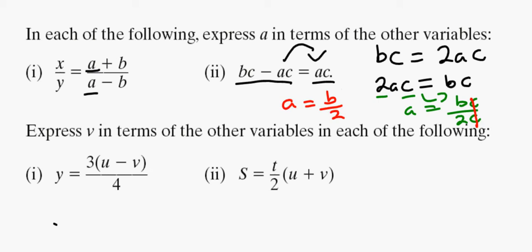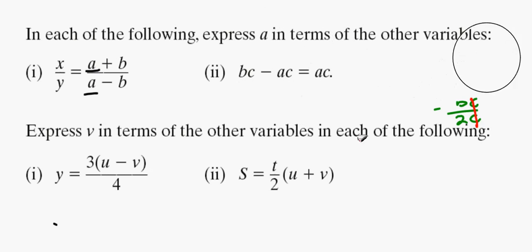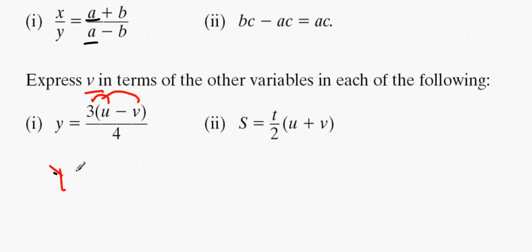Now, next one. Express v, so we want to get v on its own. So what we do is we get rid of the brackets when we can. So we're going to end up with y equals 3u minus 3v divided by 4. Now, as I always say, cross multiply if you can.